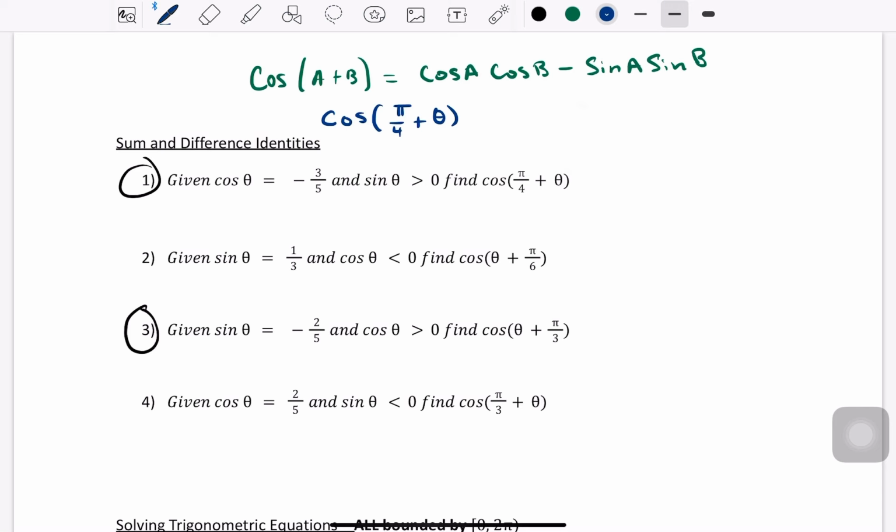That means that our cos A is going to be cos pi over 4 times cos B, which is cos theta, minus sine pi over 4 times sine B, which is sine theta.